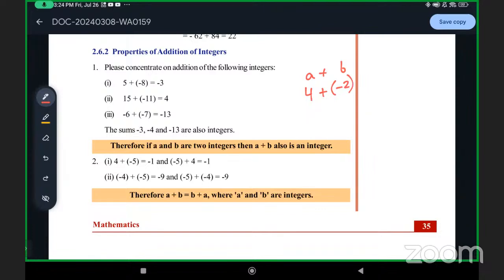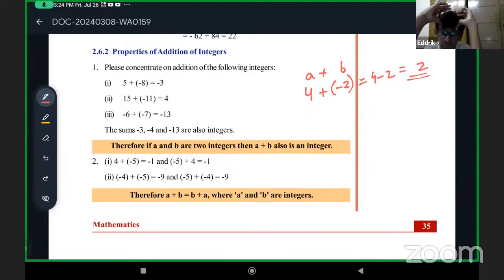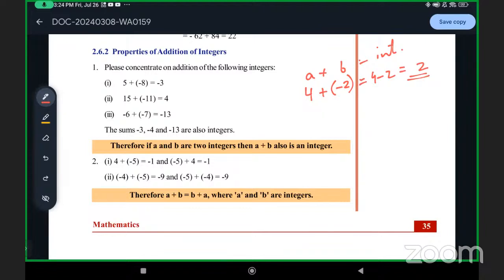Let's solve this. 4 plus minus 2 is 4 minus 2, that is 2. Is 2 an integer? Yes, a positive integer. So when you add two integers, you will get an integer as the answer.